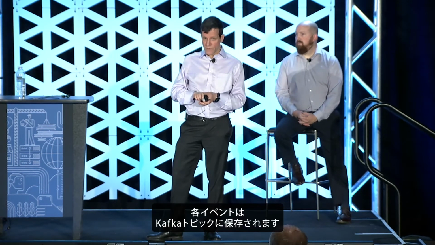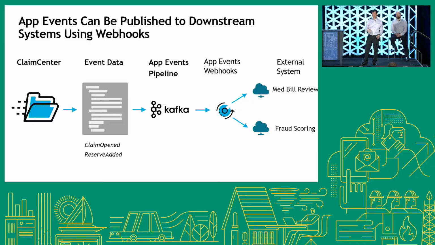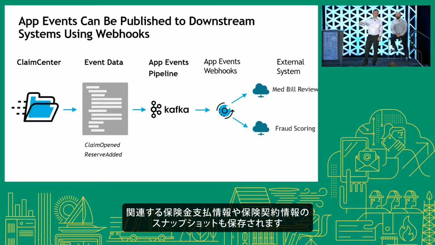So this is a two-step process, right? These events occur, and as an intermediate step, we publish them outside of the InsuranceSuite into Apache Kafka. So the events go into a Kafka topic, and we maintain a snapshot store of the related claim or policy information.